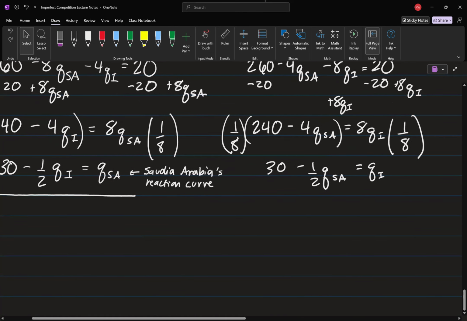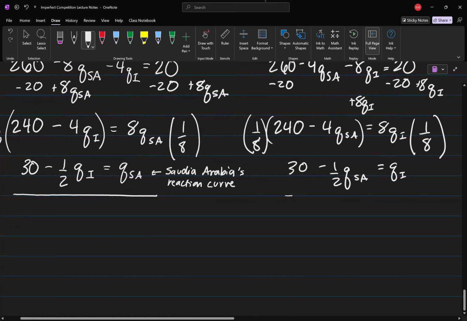So you can see here that their reaction curves are symmetric, right? For Saudi Arabia, their output is equal to 30 minus 1/2 times the amount Iran produces. And for Iran, their output is equal to 30 minus 1/2 times the amount Saudi Arabia produces. Okay.